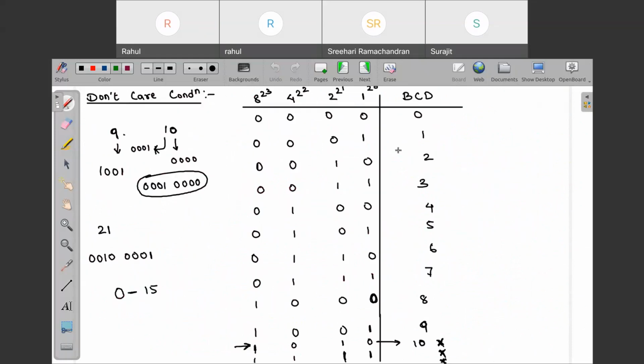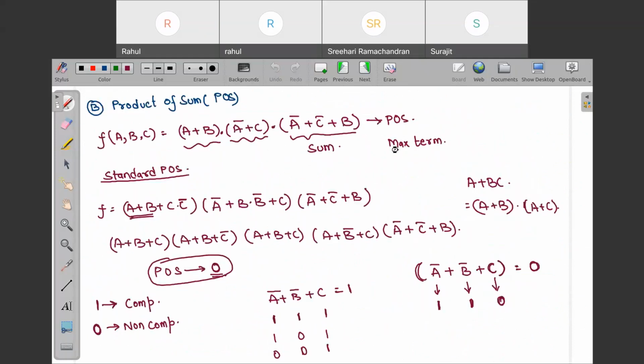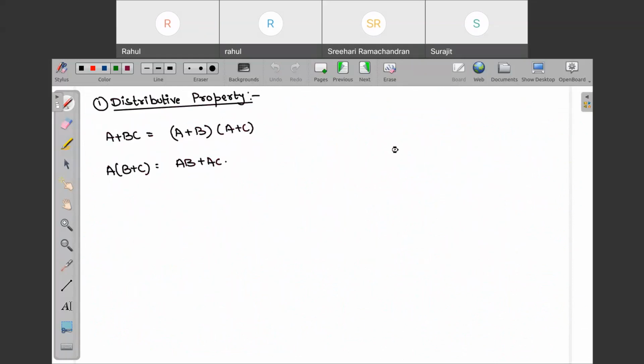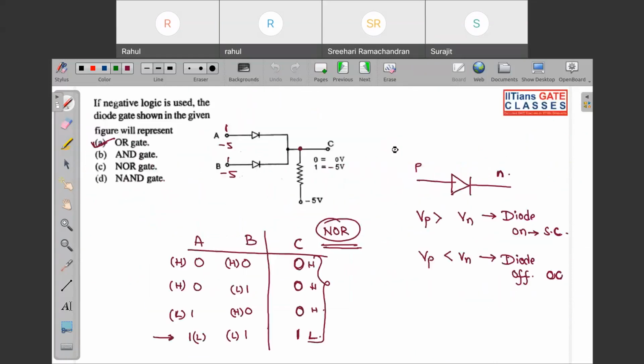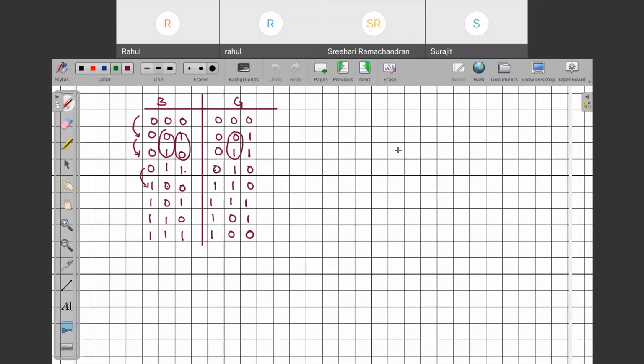In the regular class, I have told, I remember. See over here, so this is gray code.